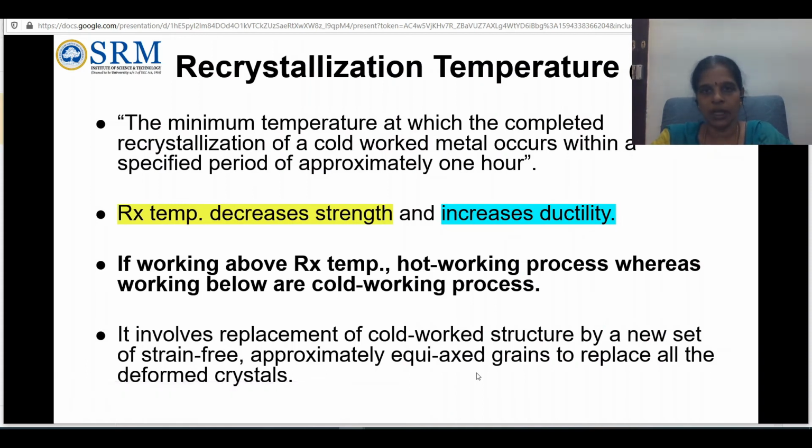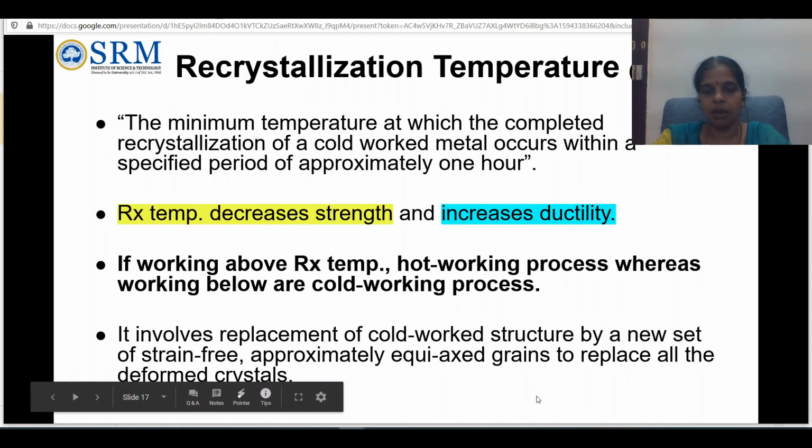Even if you are working in the cold condition, at normal temperature, by applying a mechanical force, the grains present are getting distorted, and in order to relieve the internal stress, you should follow it with a heat treatment process. When you do a heat treatment process, all the stresses are released and new equiaxial grains are formed.